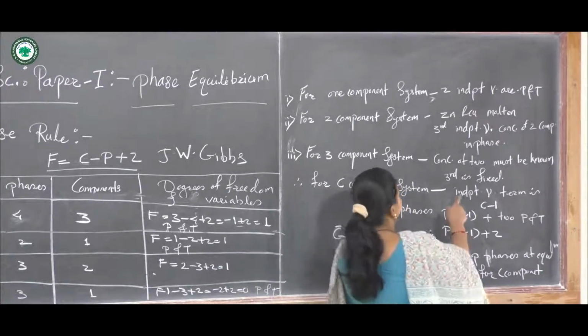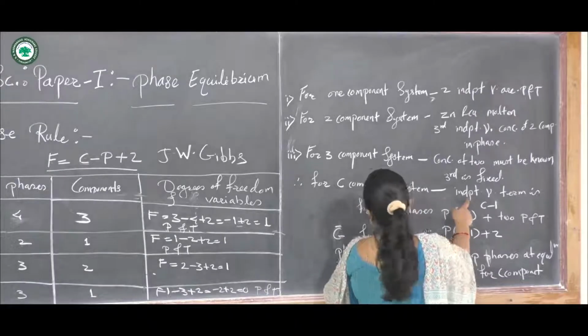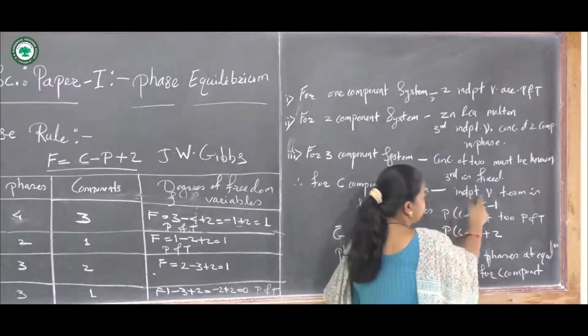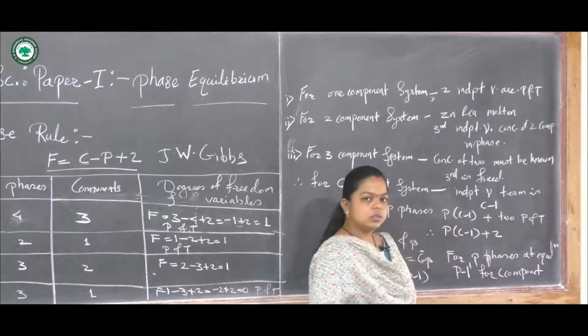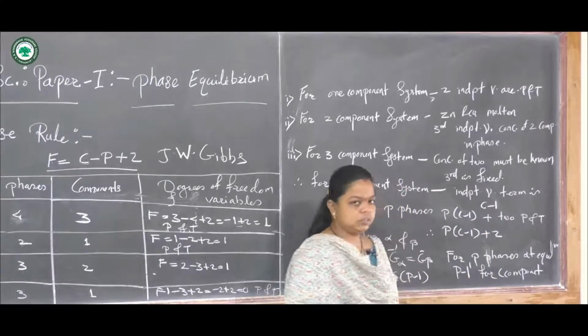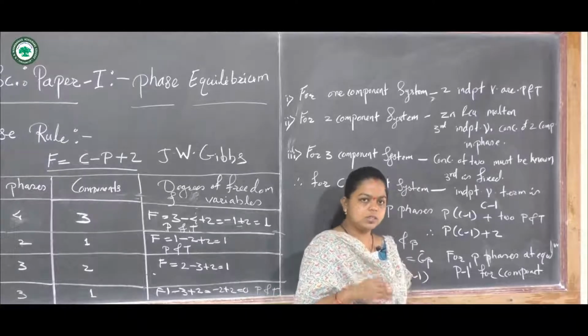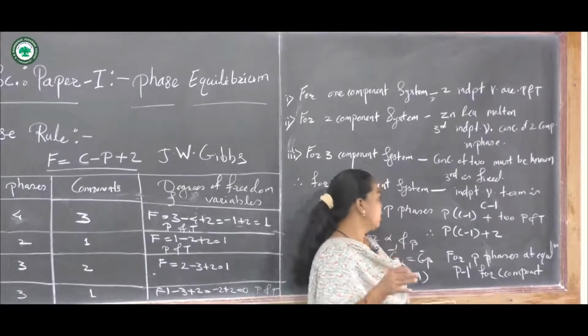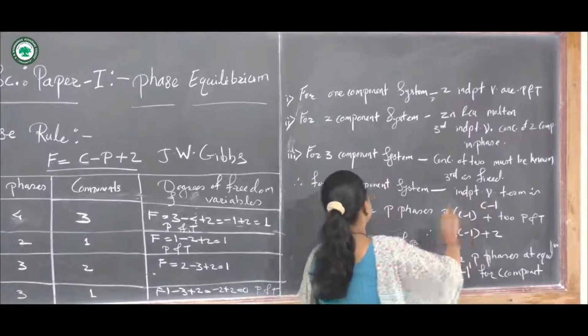So for the C component system, we can write the independent variables terms as C minus 1. One component is fixed, so we have subtracted one, and it becomes C minus 1.